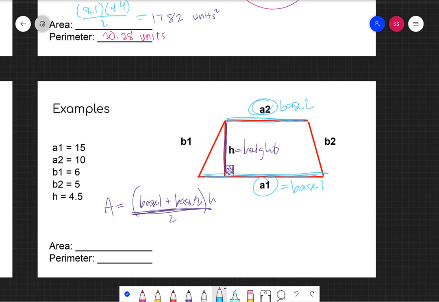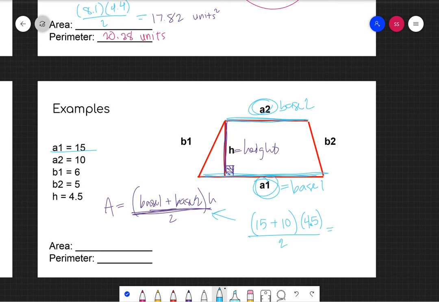All right, let's substitute what we know into our formula. We know the two bases. Base 1, which is A1, is 15 units. We're going to add that to base 2, which is A2, and that would be 10. Our height, which is H, is going to be 4.5. And whatever that answer is, we are going to divide it by 2.